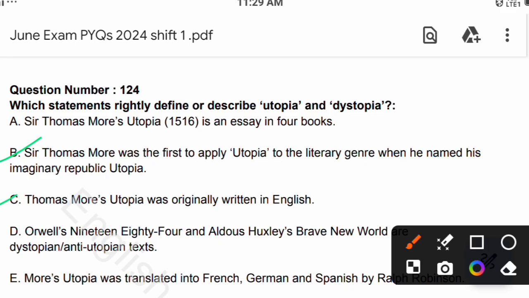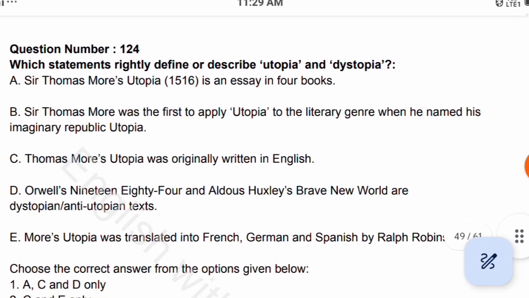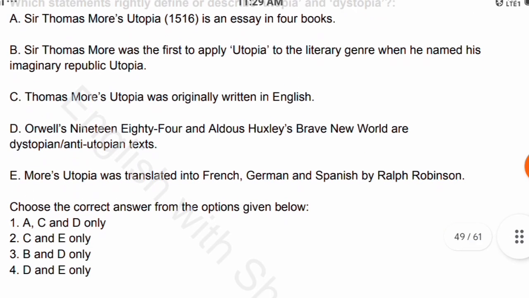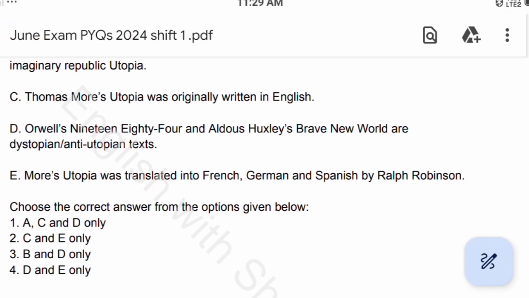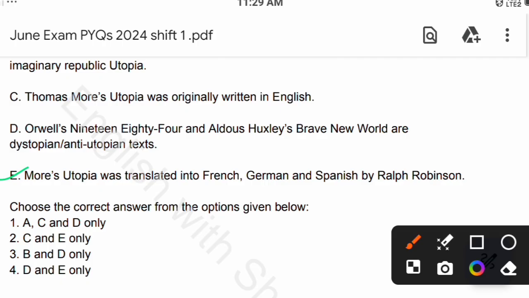C, Thomas More's Utopia was originally written in English. D, Orwell's 1984 and Aldous Huxley's Brave New World are dystopian, anti-utopian texts. And E, More's Utopia was translated into French, German and Spanish by Ralph Robinson.